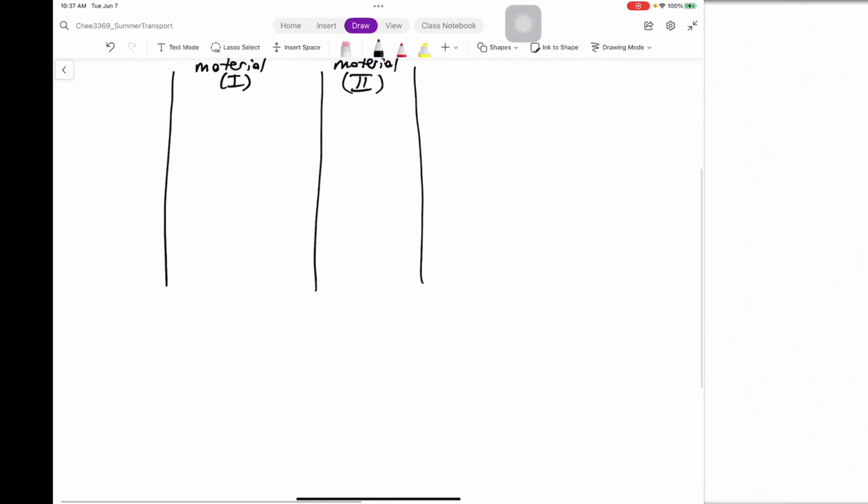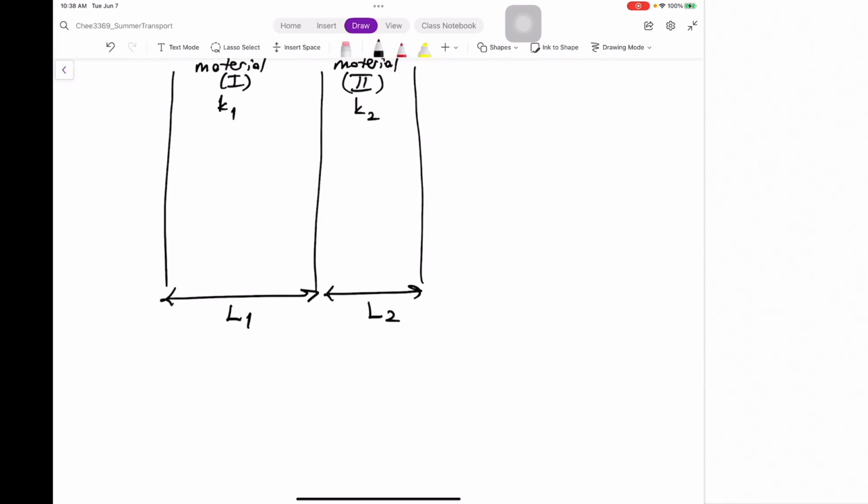Let's call the conductivity of the first material K1, the conductivity of the second material K2, and the thickness of the first material is L1, the thickness of the second material is L2.